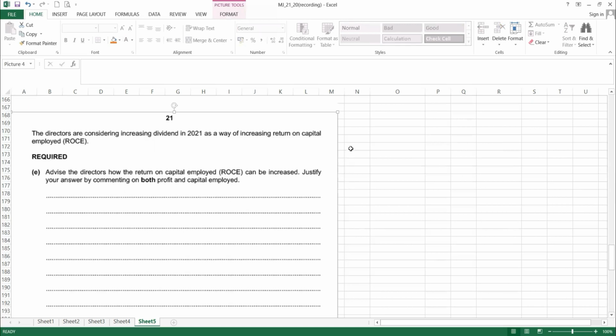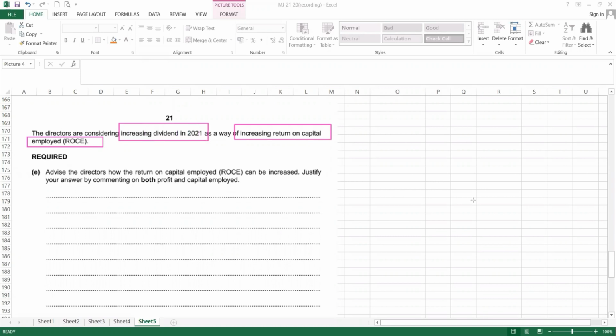So the reason is they want to increase ROCE because they are thinking of increasing the dividend next year.